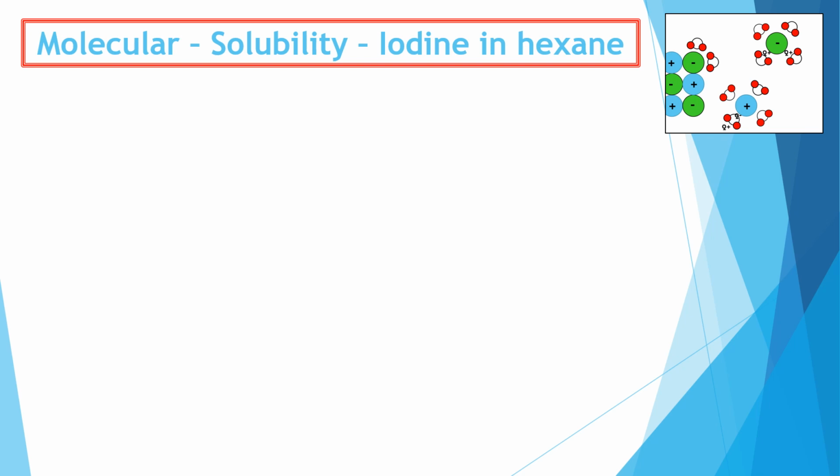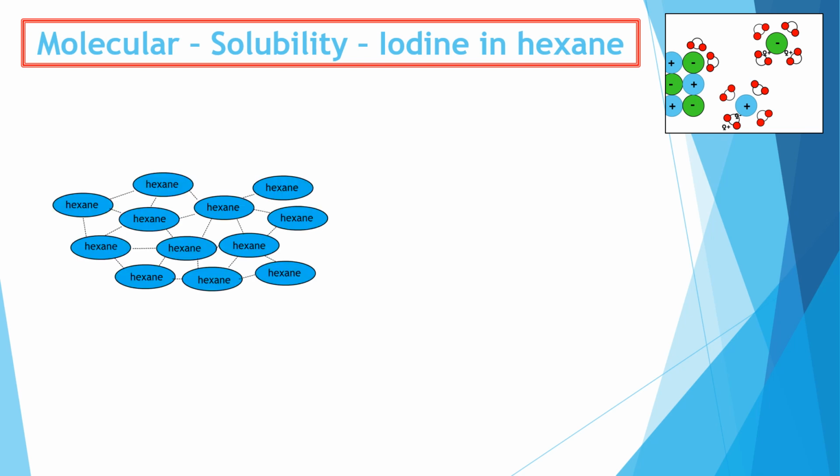So let's have a look at this really. If I took some hexane, and hexane is an example of a molecular solid, where the discrete molecules of hexane are held together by weak intermolecular attractions. So this is an example of a molecular solid.